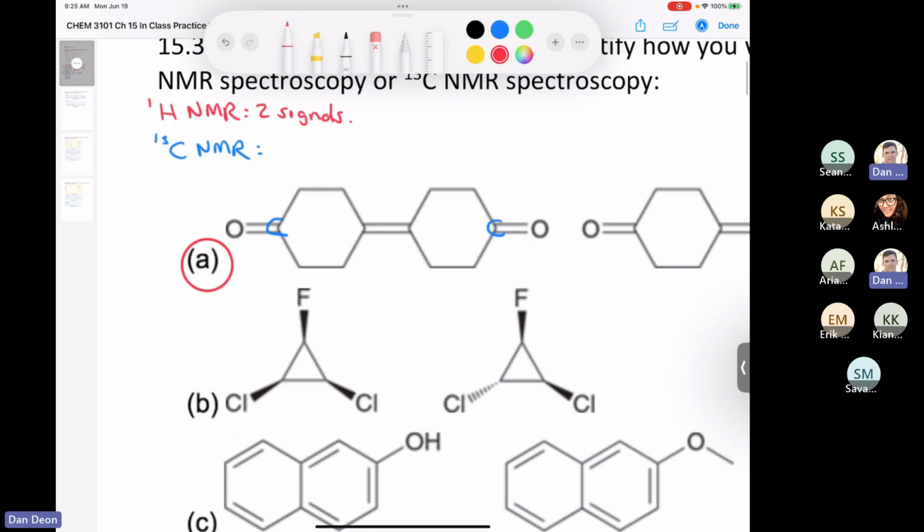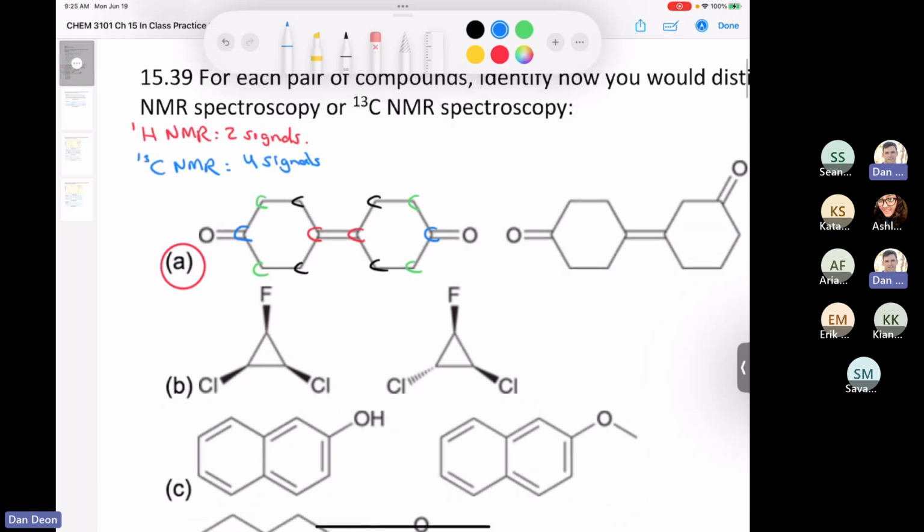Then we have this carbon and this carbon are chemically equivalent. Then these 4 carbons are chemically equivalent, and then these 4 carbons are chemically equivalent. So that's 4 different colors that I've used up, so it's a total of 4 signals. Remember, in the carbon-13, even a carbon that has no hydrogens attached is still going to show up.